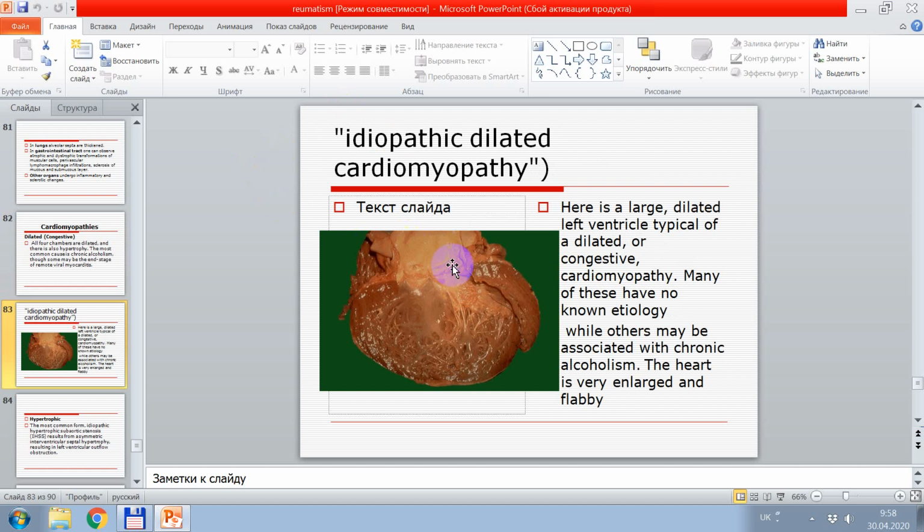Idiopathic or dilated cardiomyopathy, this is macroscopically seen. Here is a large, dilated left ventricle, typical of a dilated or congestive cardiomyopathy. Many of these have no known etiology, while others may be associated with chronic alcoholism. The heart is very enlarged and flabby.